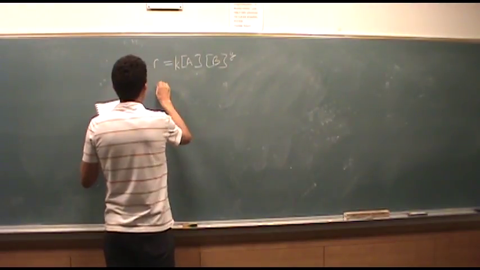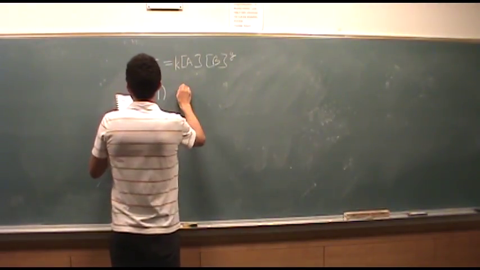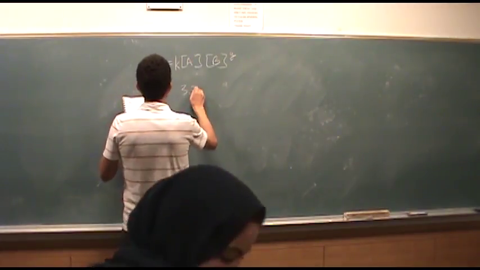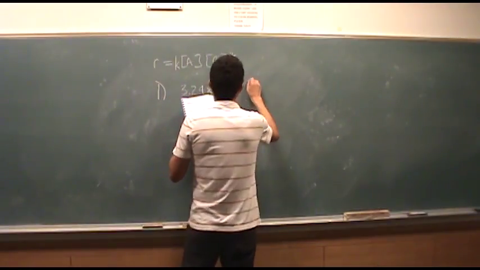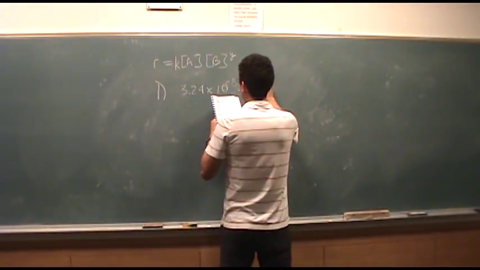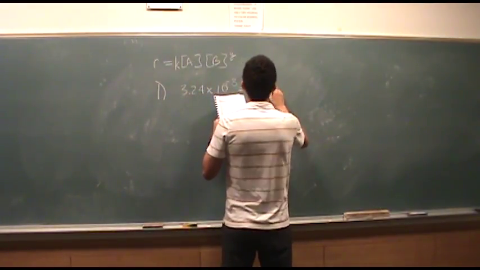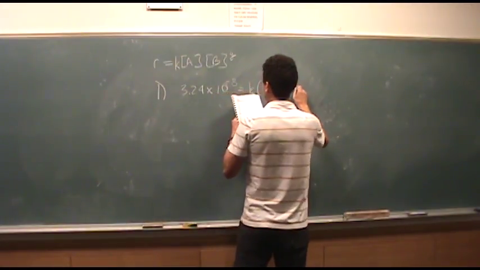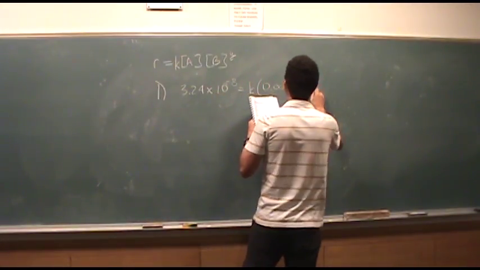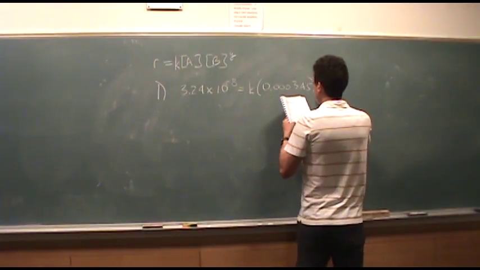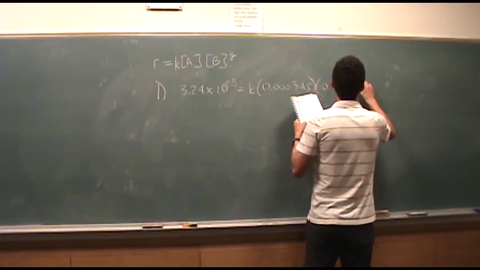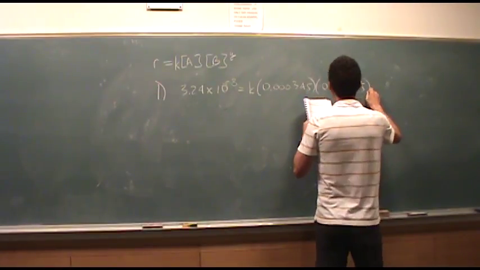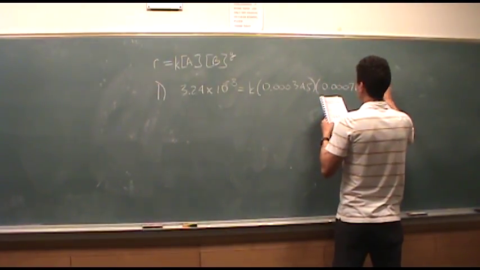Let's write this for trial 1. 3.24 times 10 to the minus 8 equals K times 0.000345, that's the first power, times 0.000765, and this is to the Y power.